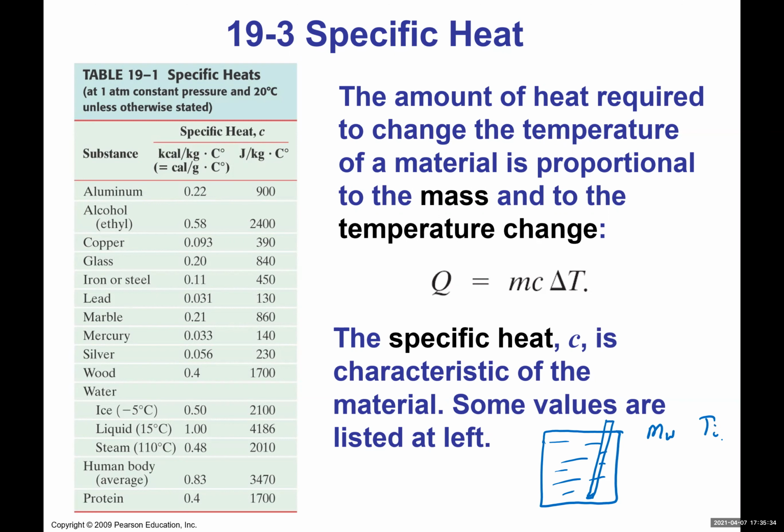Then if I want my water to increase or decrease in temperature, so basically I have some change in temperature, what I need to do here, as we learned, is add heat or remove heat. Basically, we need to transfer energy into the system or out of the system in order to have a change in temperature.